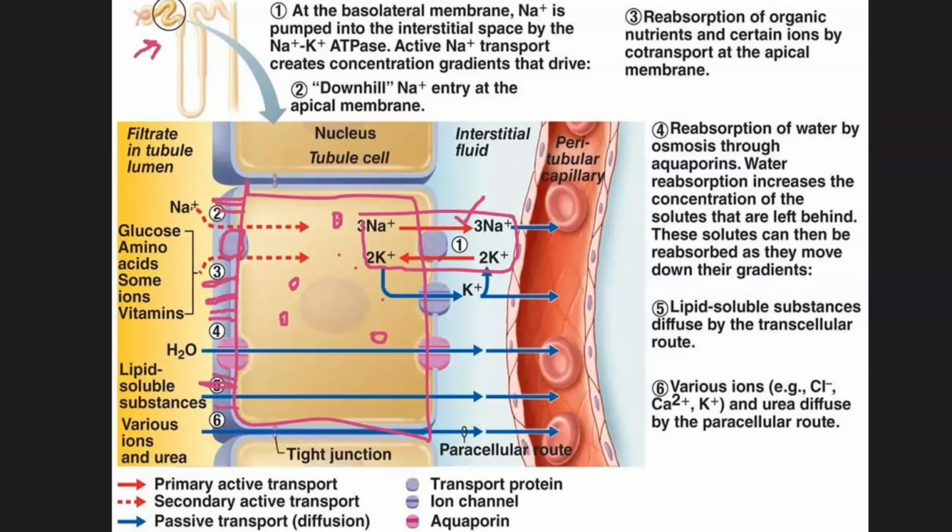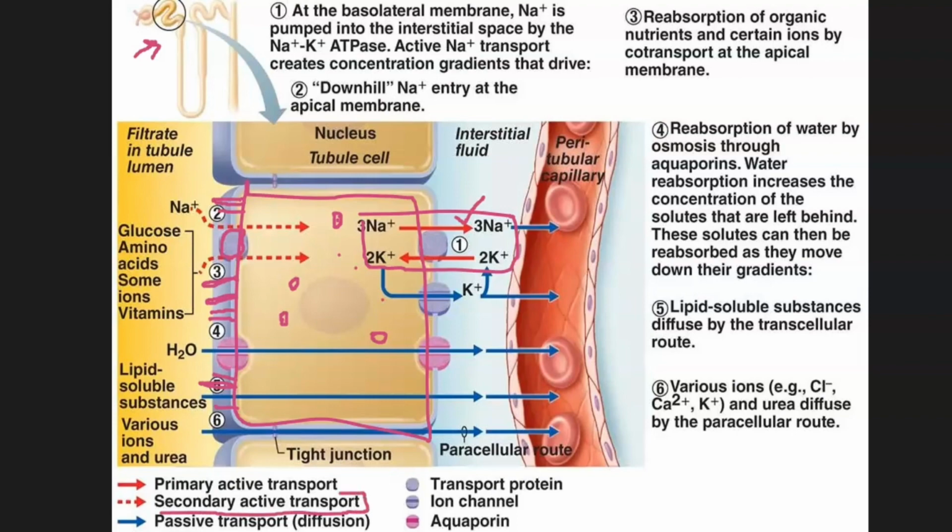So glucose and amino acids are also reabsorbed from the filtrate, or from the fluid in the PCT, when sodium ions diffuse inside. This is facilitated diffusion, and it is also referred to as secondary active transport. Here you can see secondary active transport.